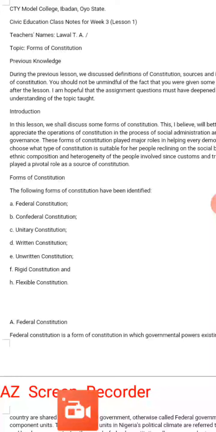The following forms of constitution have been identified: A. Federal Constitution, B. Confederal Constitution, C. Unitary Constitution, D. Written Constitution, E. Unwritten Constitution, F. Rigid Constitution and Flexible Constitution.